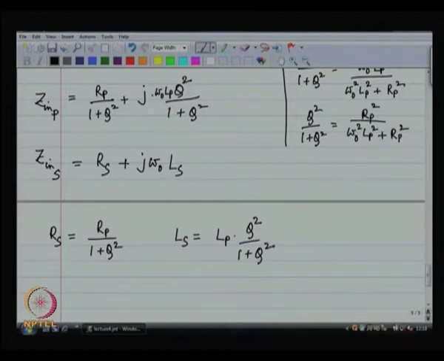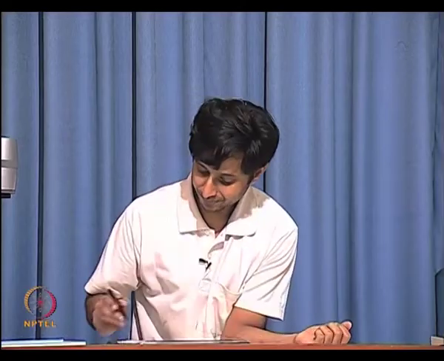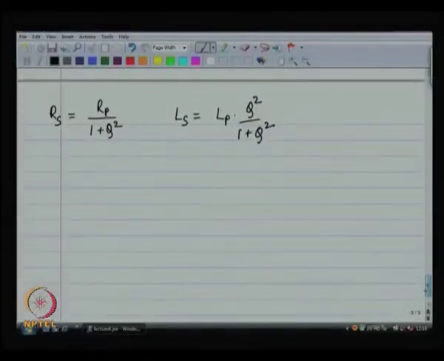Okay, what does this mean for us? This means two things. Point number 1, let us think about large quality factors. Let us say my q is 100, or let us even say my q is 5. If q is 5, then the series inductance L s is equal to L p times 25 by 26, which is almost equal to 1.